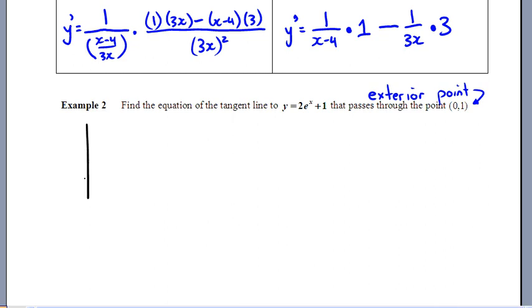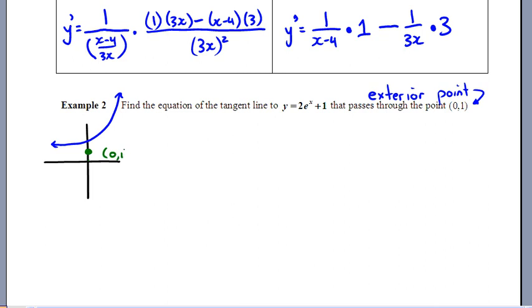Okay, let's draw a quick little x and y axis here. All right, this function is your kind of classic exponential, maybe stretched vertically and then lifted by 1. So it's way up here, and then it just does its climb, just like you'd expect. And we're going to try to find a tangent line to that, but this point 0, 1 is not on that graph at all. In fact, 0, 1 is way down here.